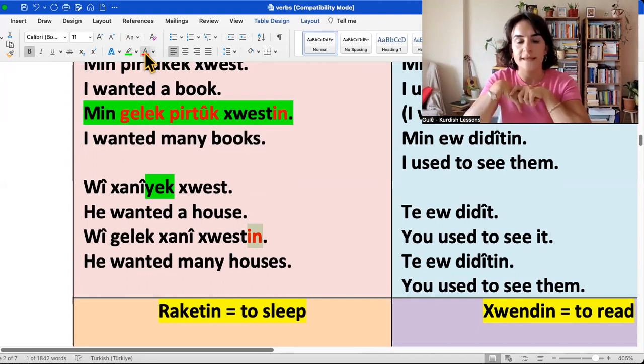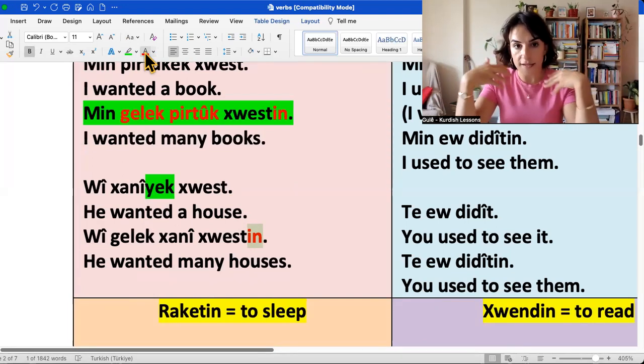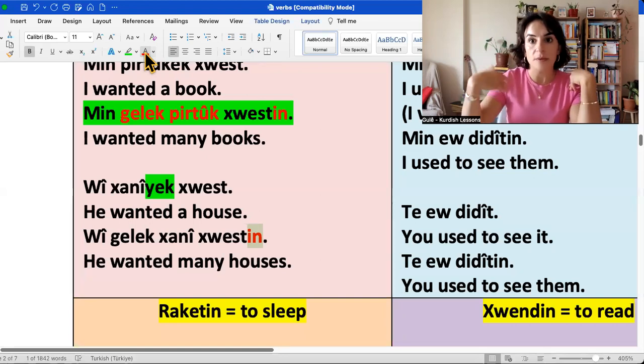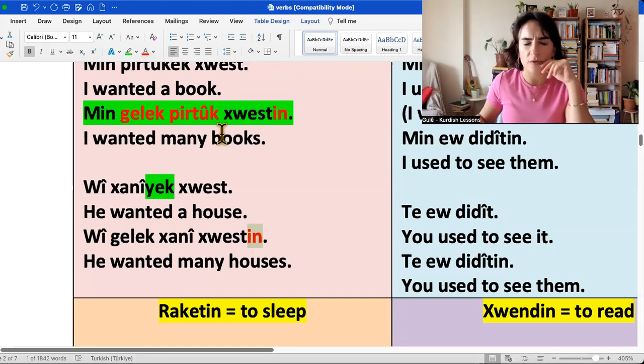Okay, that's why we say min hevalen khedit. I saw my friends. Min qalek pertuk kirin. I bought many books. Min jilen xwe kirin. I dressed up. Okay, because jil is plural.